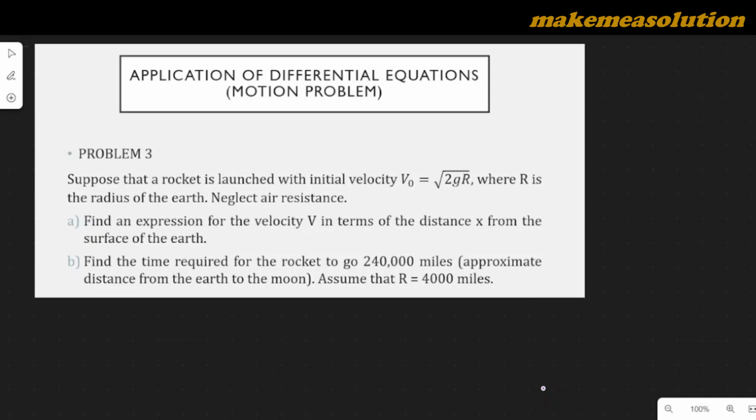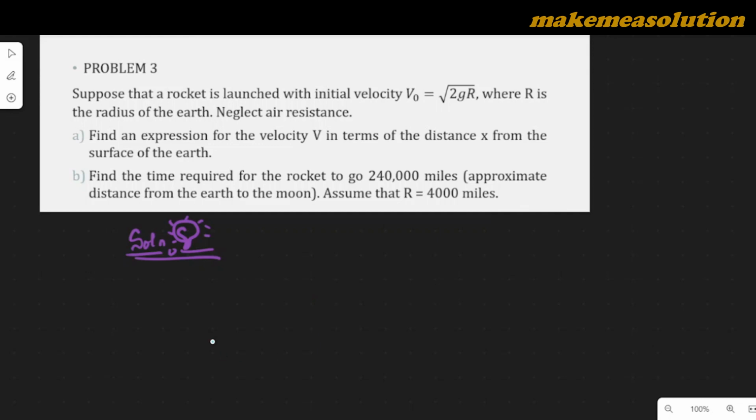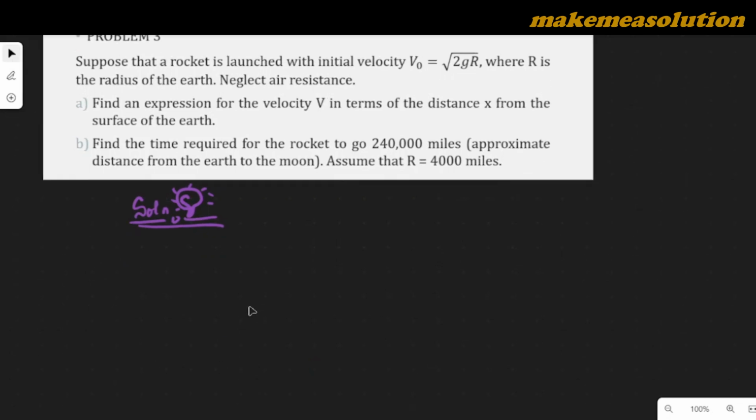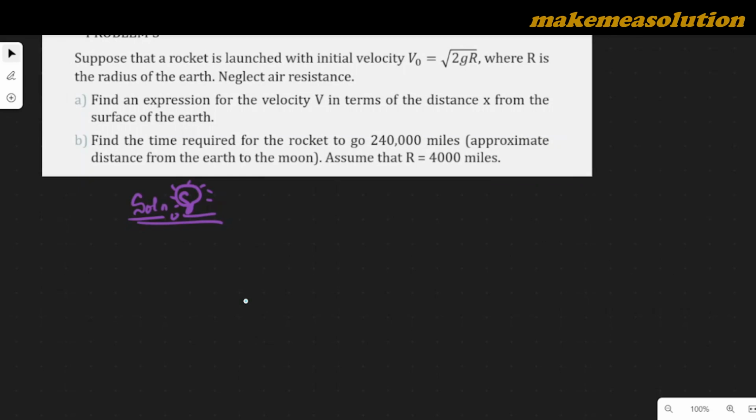I'm going to be using some diagrams to help us understand how to approach this problem. So let's begin. To make this problem simpler, I'm going to draw the earth and the moon, so we can get the picture of what is happening.